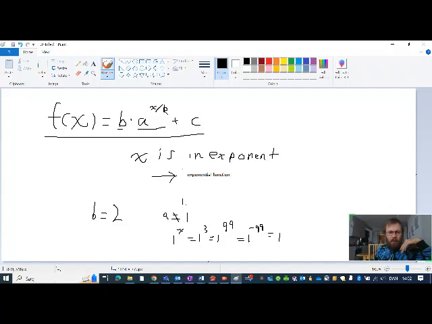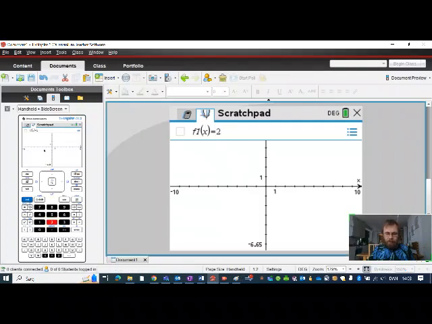Why don't we try 1.5 to start with? Why not? Yes, let's call it that to begin with. And then what about k? Well, let's have k be equal to 2 to start with. And then let's have c be equal to 1. Okay. Seems simple enough.